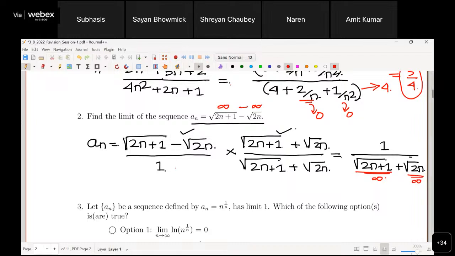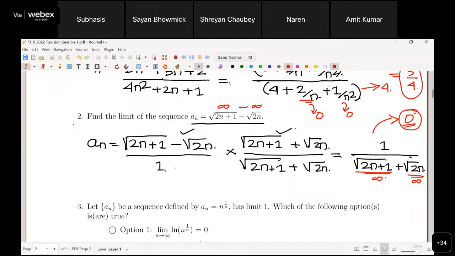So now you are in an infinity plus infinity situation. The thing in the denominator will go towards infinity, so as a result the reciprocal, that is 1 by that thing, will go towards 0. So the limit of this sequence is 0.